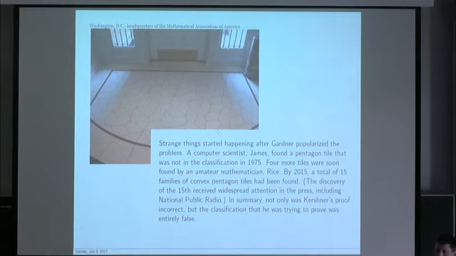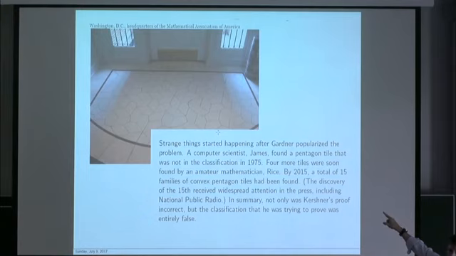and as a result, people started working on tiling problems, and what do you know, more examples started cropping up, including a tiling that appears at the headquarters of the Math Association of America.